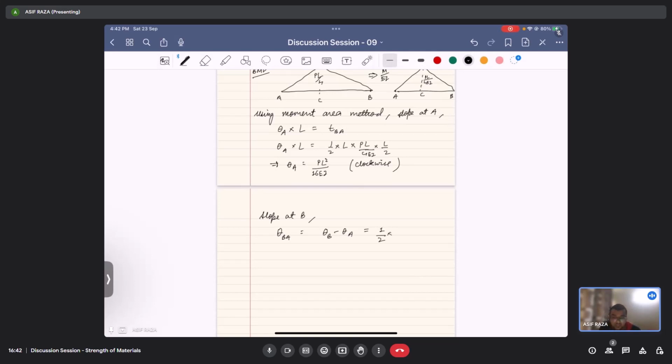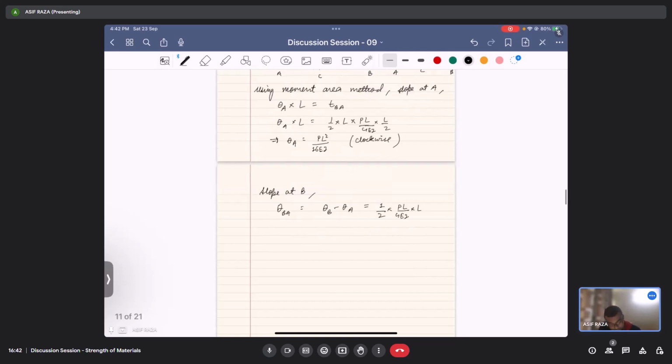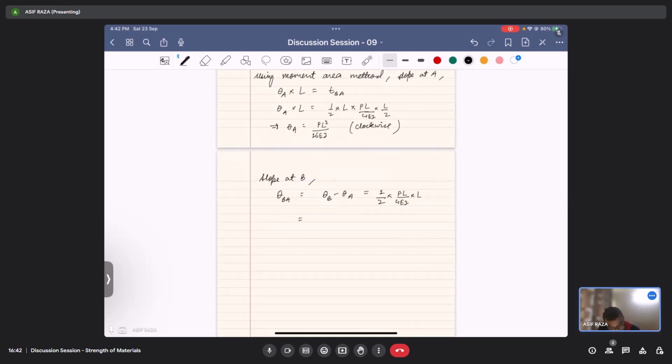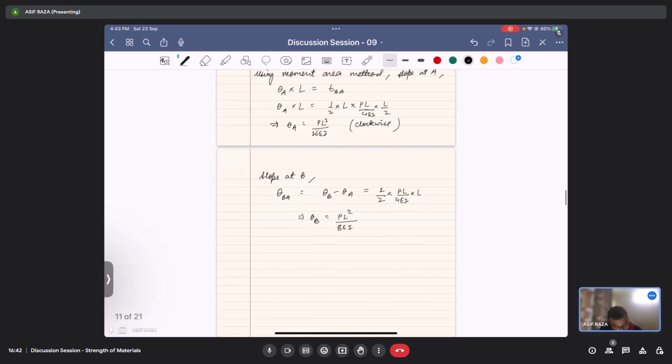So this would be half into PL by 4 EI into L, right? And if I solve this, theta B comes out to be PL square by 16 EI. This is anti-clockwise.